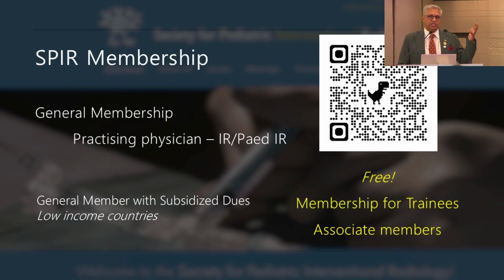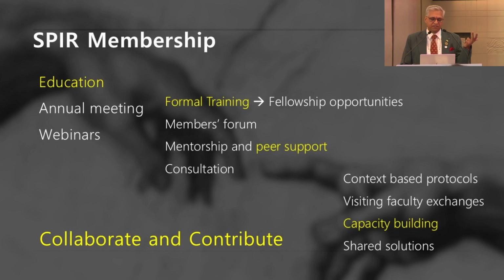Membership will give you access to education, attendance at the annual meeting at a subsidized fee, and access to webinars on varying topics of pediatric IR relevance. There are opportunities for knowledge about training pathways and fellowships around the world. There is a members forum where you can post your case and seek opinions from pediatric IRs around the world, perhaps somebody who has done a few more cases than you have done.